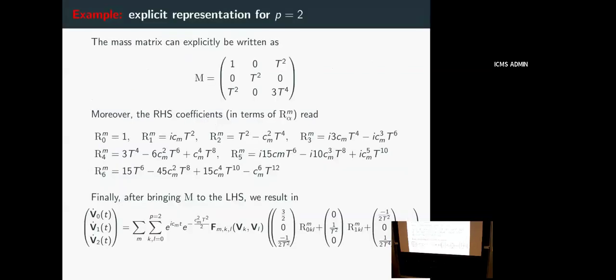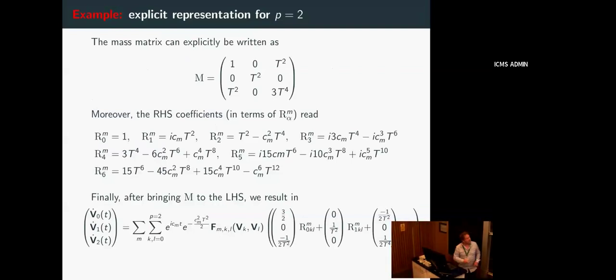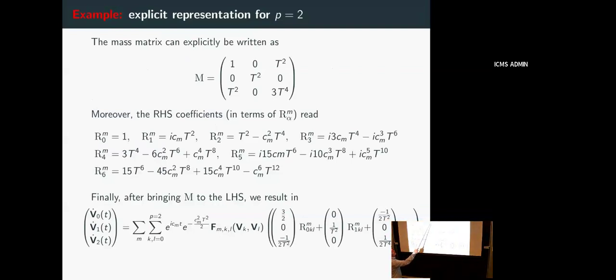So the system would look like that in this case. We have this matrix that couples the different modes. This would be the mode we are interested in, and then it would couple the 0th mode with the 2nd mode, and the 2nd and the 4th. This looks a little bit complicated, but we can bring this to the right-hand side. And what we would have is three orders of solutions.